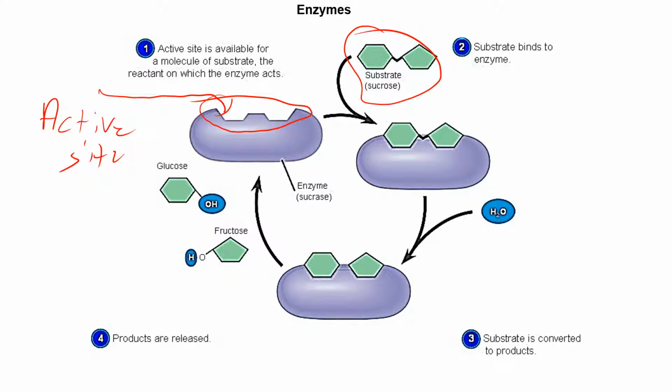It puts a strain on that chemical bond, so that water can now come in and break that bond, separating this disaccharide into two individual monosaccharides, glucose and fructose. Once that process has taken place, the products are released and the binding site is open.